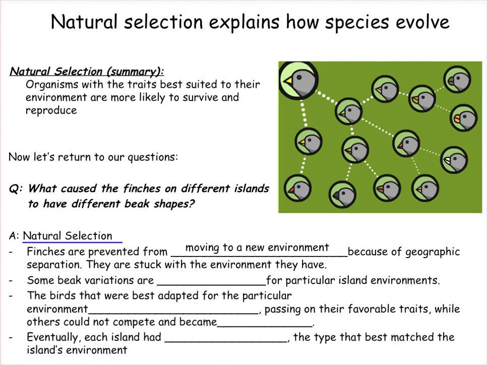Some finches will be lucky and have variations that are better adapted for their particular island environments. The birds that were best adapted for coping with the particular environmental pressures on their specific island would be more likely to survive and reproduce, passing on their favorable traits.